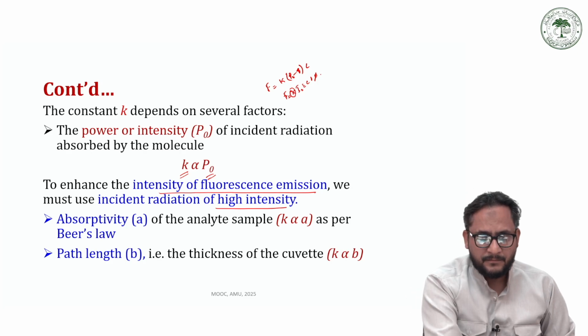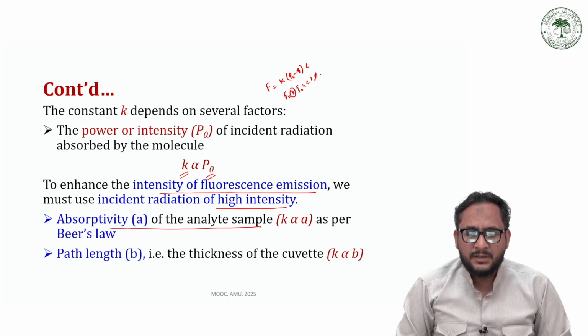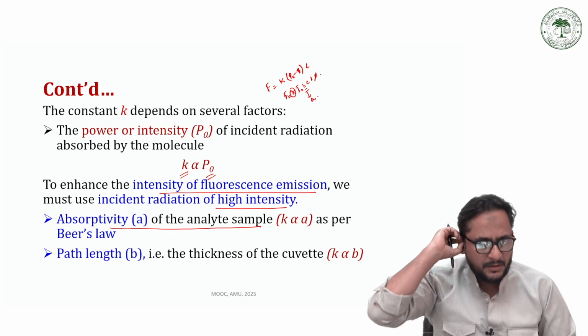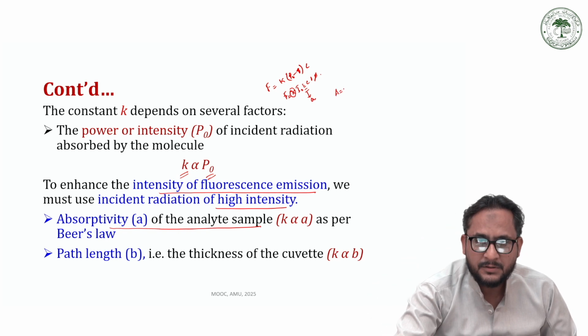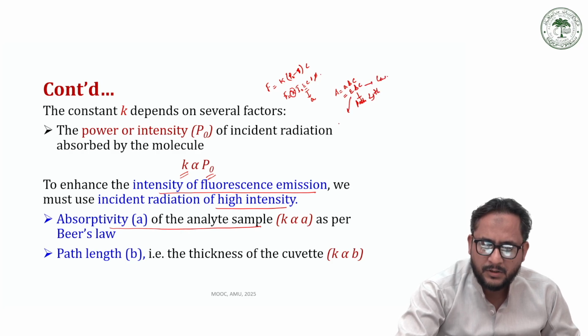Further, if the absorptivity, this epsilon, or sometimes if this epsilon is represented by small a, because we have another formula for absorption which is used in UV spectroscopy, absorbance is equal to ABC, or sometimes it is written as epsilon BC, where B is the path length, C is concentration, and this is molar absorptivity.